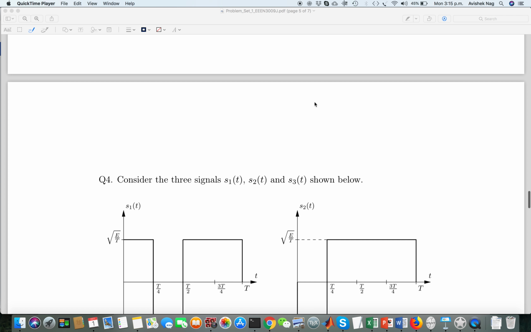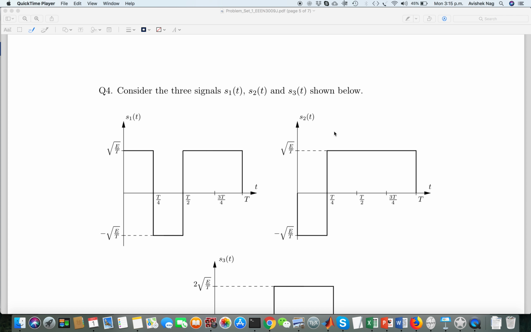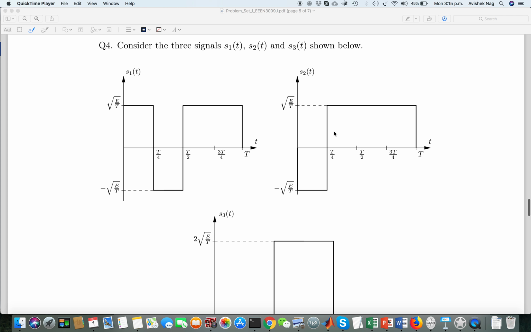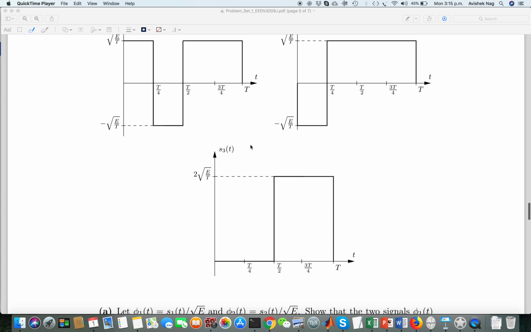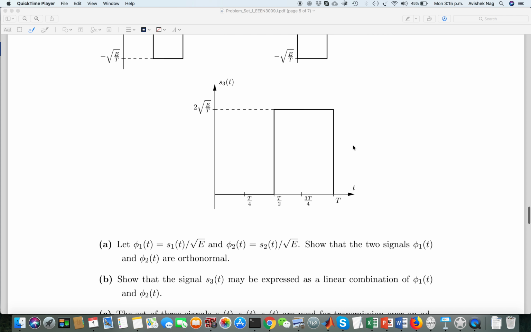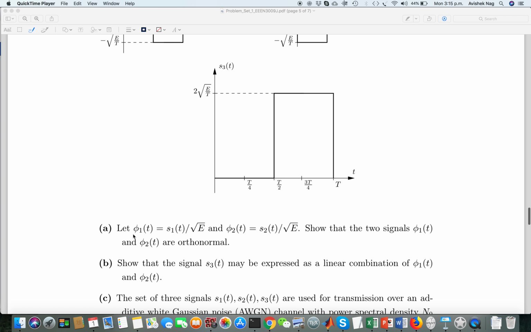So now let's come to problem 4. In problem 4 again we had three signals S1t, S2t, S3t, which are given in the diagram, and in part A you were asked to show that phi 1t and phi 2t given by these relations are orthonormal.